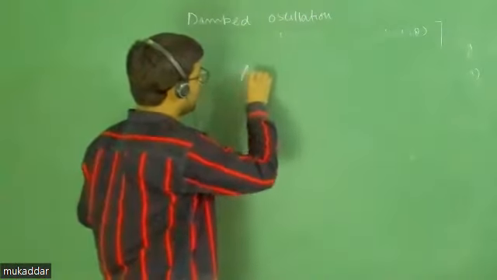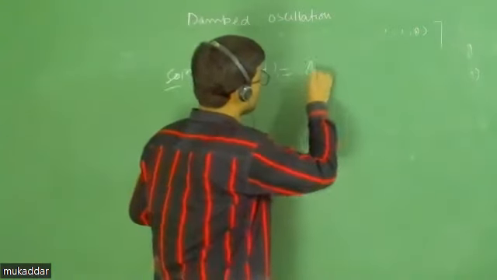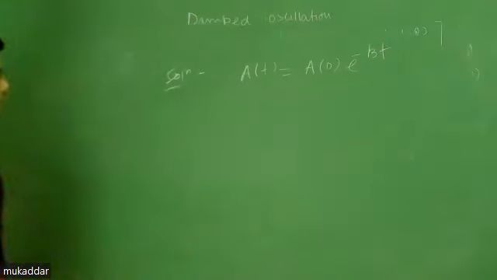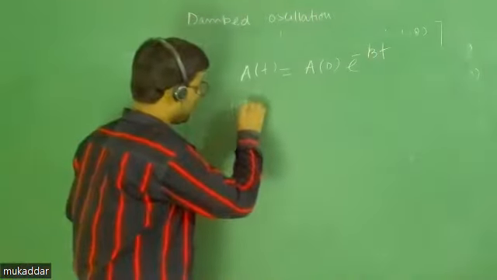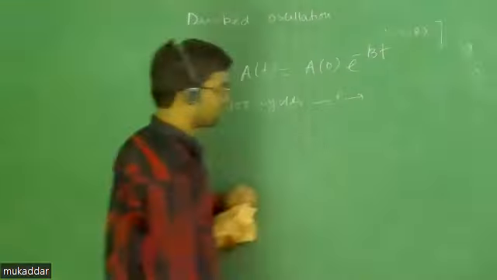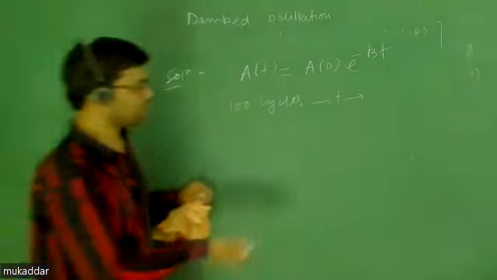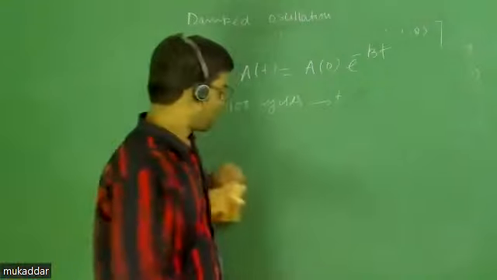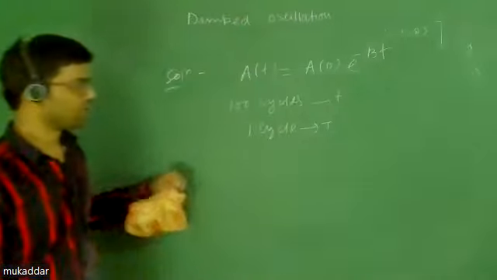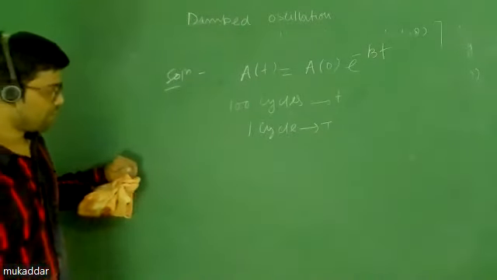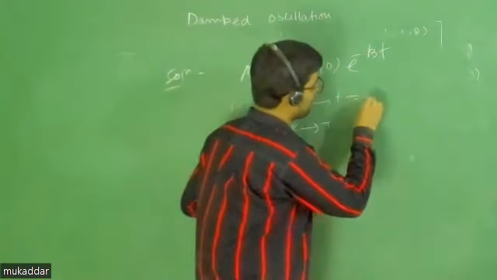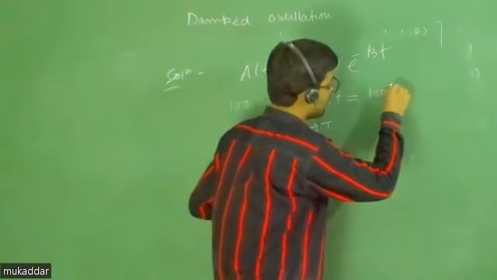As you know, A of t is A naught e to the power minus beta t, right? अब बताओ 100 साइकिल्स कंप्लीट होने के लिए कितना टाइम लगेगा? एक साइकिल के लिए कितना टाइम लगता है? One cycle corresponds to time period, that is called time period T. So for 100 cycles, the time required will be 100T.